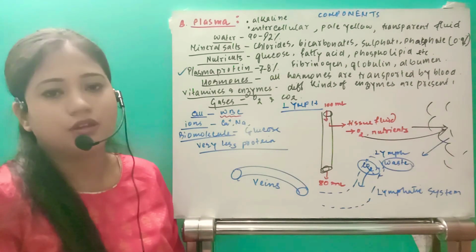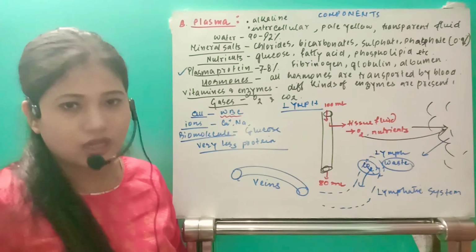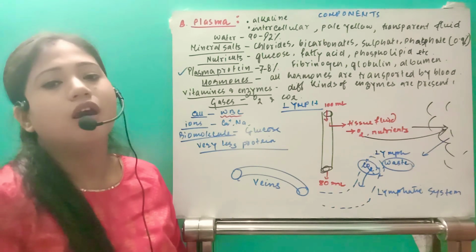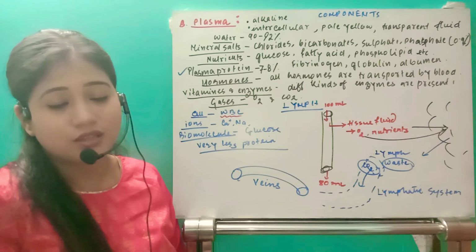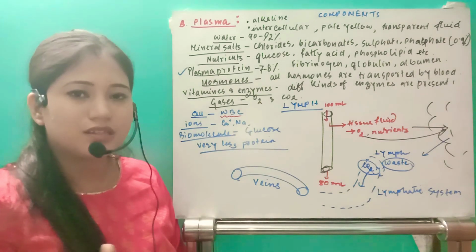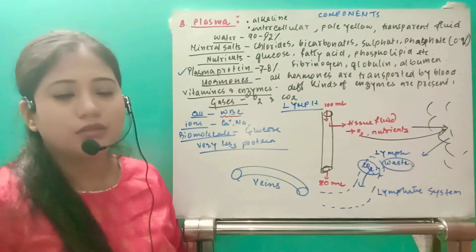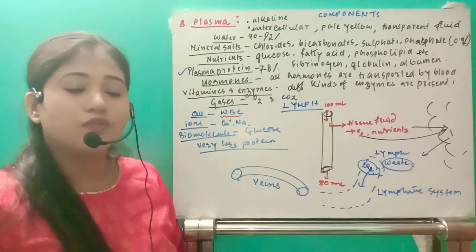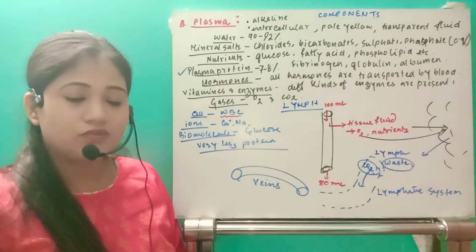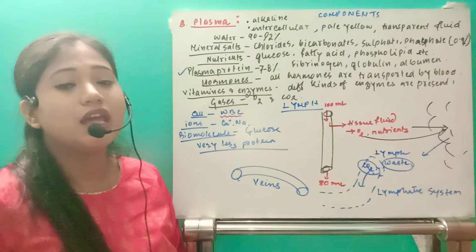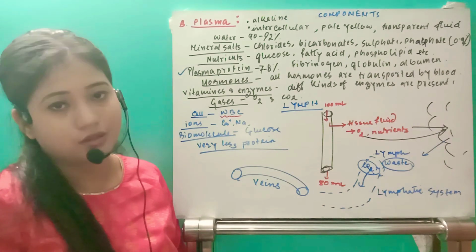So that is about the lymph. There is not more you need to know now, because in the next chapter, body fluid and circulation, we will study it once again. I have given a little prior idea of fluid connective tissue, but it will be discussed in detail in our chapter on body fluid and circulation.